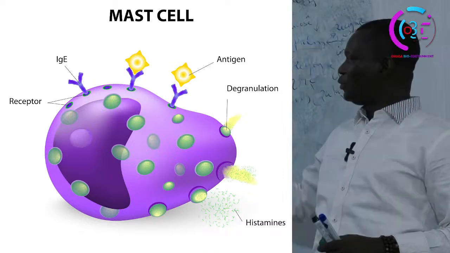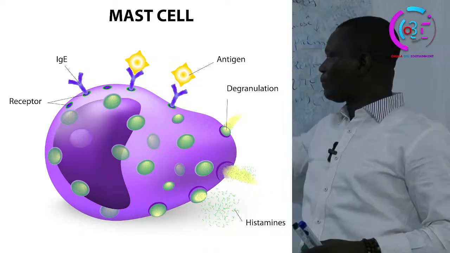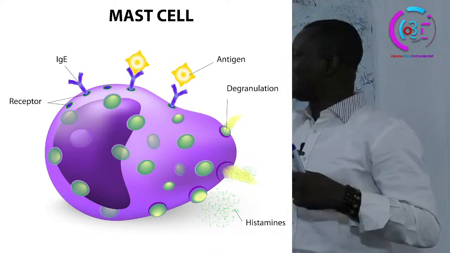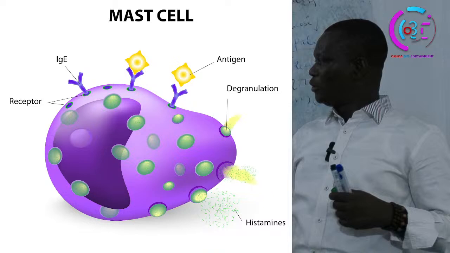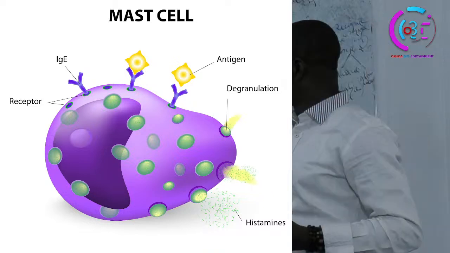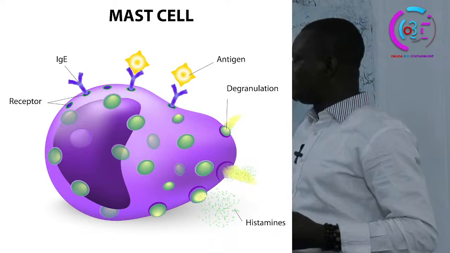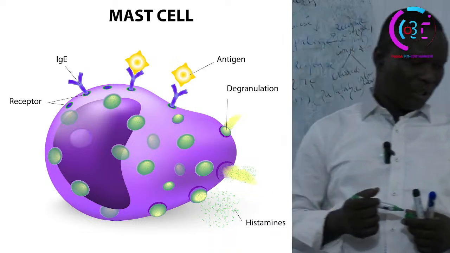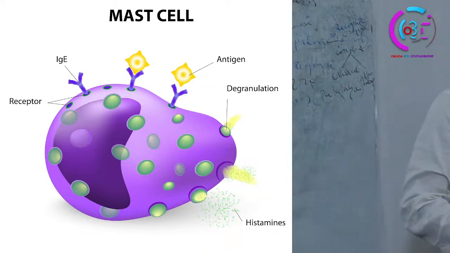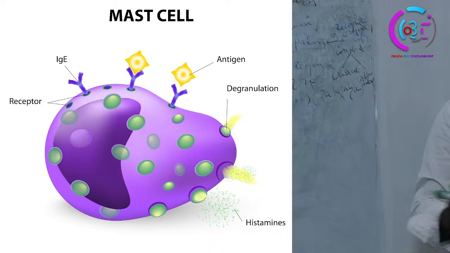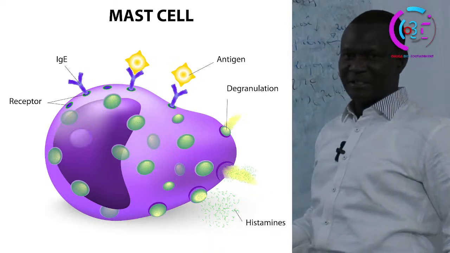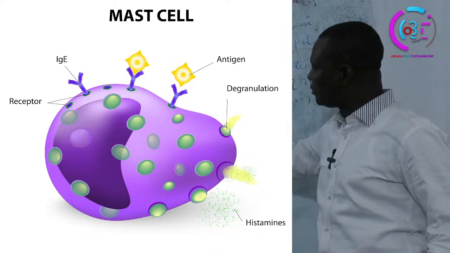So the cytoplasmic matrix of the mast cell contains liquid that dries off the invading microorganism.